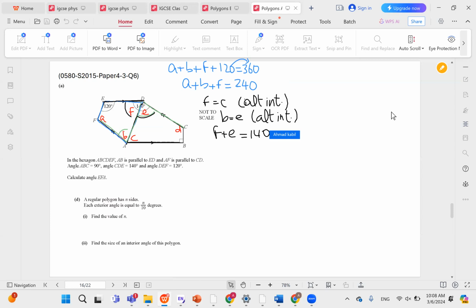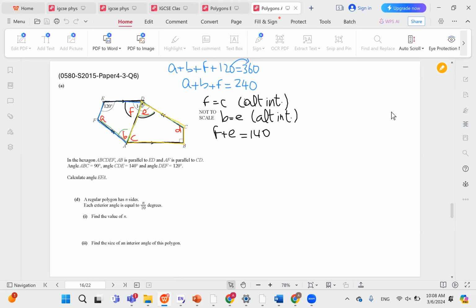Finally, we have the polygon on the right. Let's just color that. The sum of angles in this yellow quadrilateral must be 360, because if a polygon has four sides, then the sum of its angles is 360.